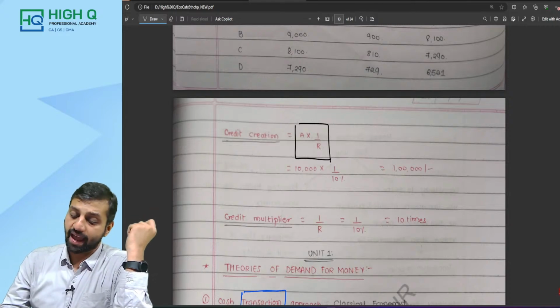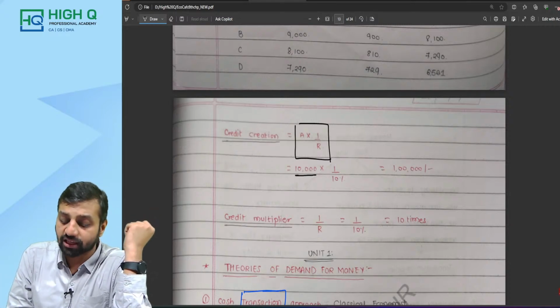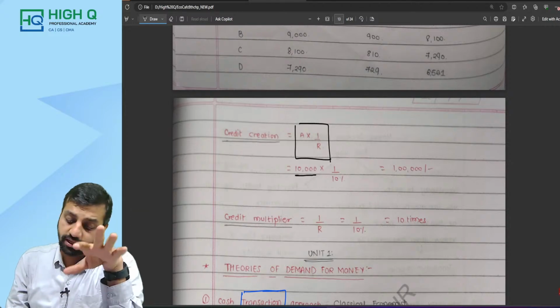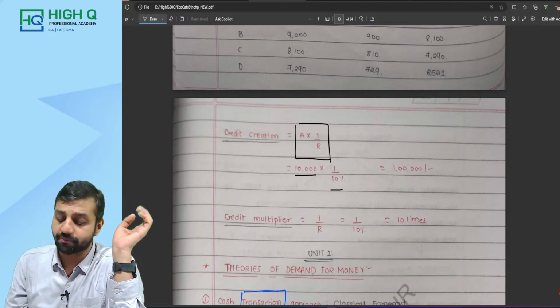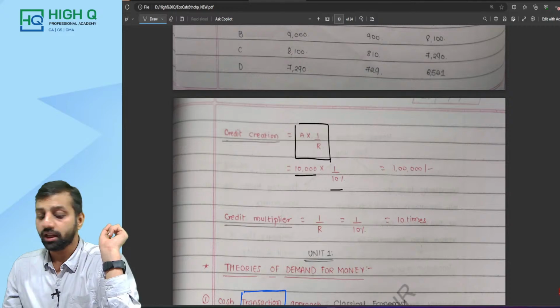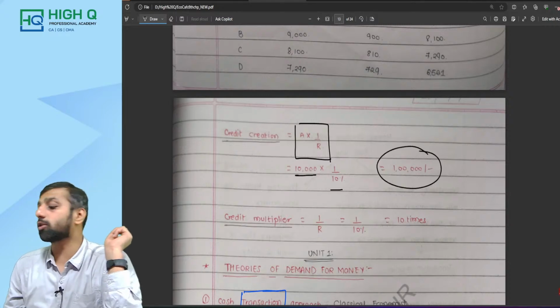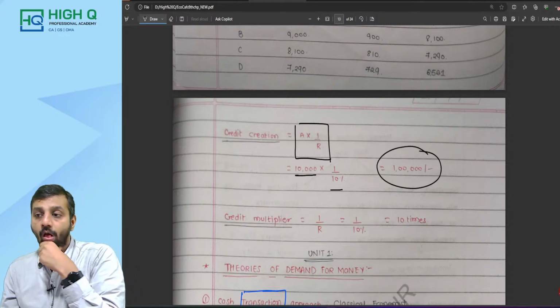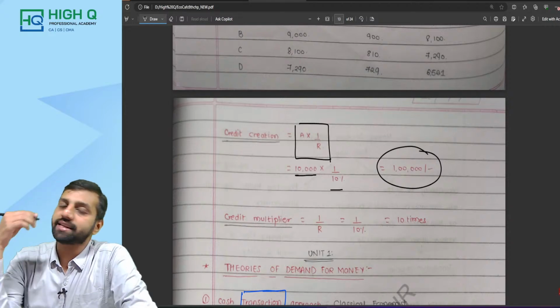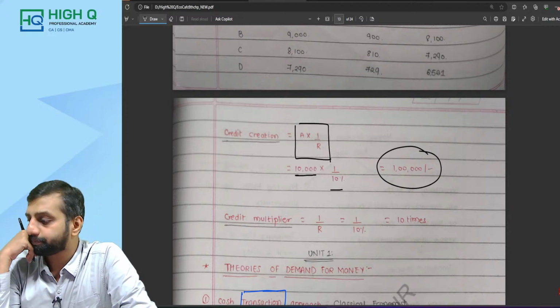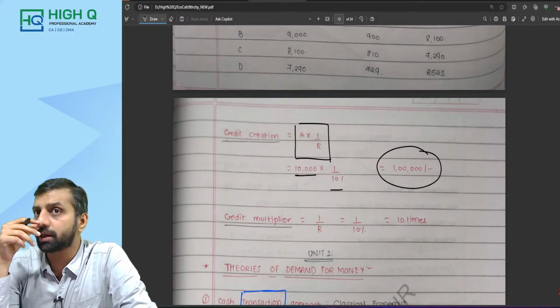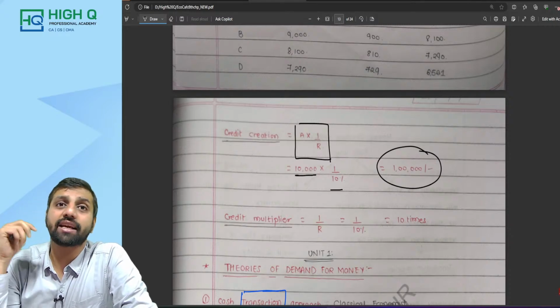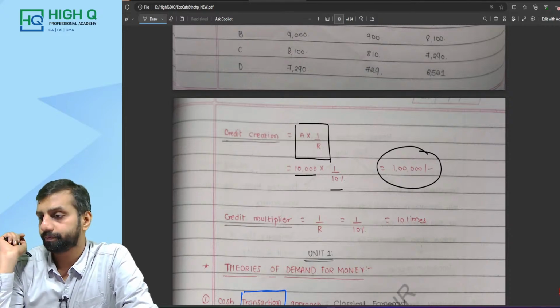So if in a bank an initial amount of 10,000 enters, assuming the required reserve ratio is 10%, we can get up to 1 lakh rupees in the banking system. So the formula is A into 1 upon R. A is the initial deposit and R is the required ratio.